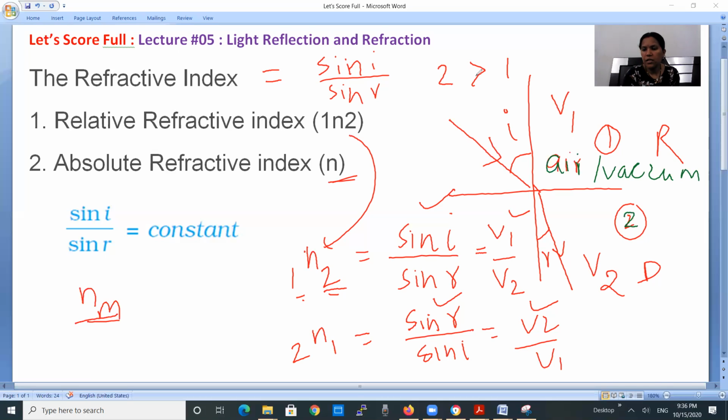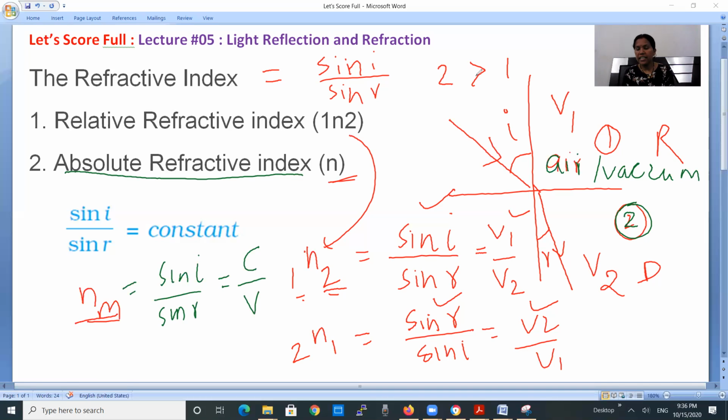Suppose this second medium is any medium, air, glass, anything. So when we try to find out the refractive index of a medium with respect to air, we say it absolute refractive index. And the same, sin I upon sin R is equal to c upon v.